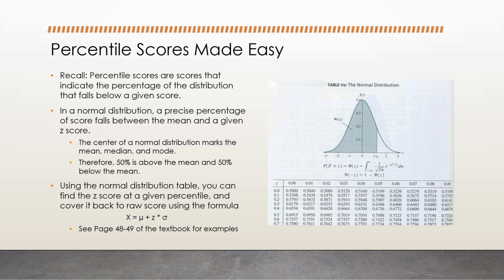So the z-score is between 0.52 and 0.53. If we take the average of the two and use a z-score of 0.525 and assume a mean equals 100 and a standard deviation of 15, we can convert the z-score to a raw IQ score of 107.87.